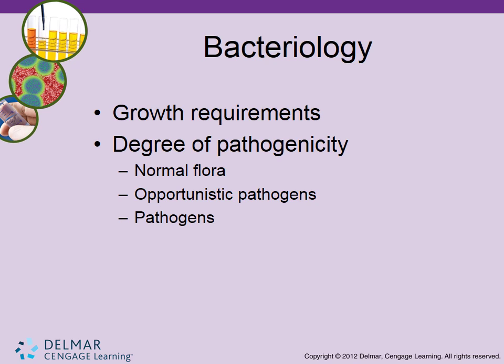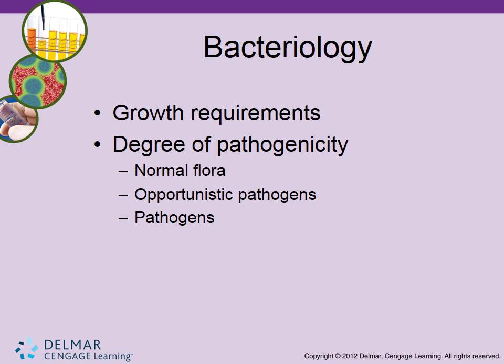Most of the bacteria will grow on what's called a blood agar plate, which is the most common type of medium used in the laboratory. It is a tryptic soy agar, and it includes soybean meal and casein. Casein comes from milk and cheese.